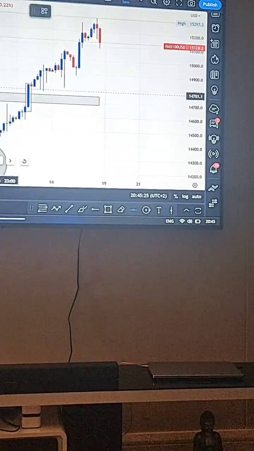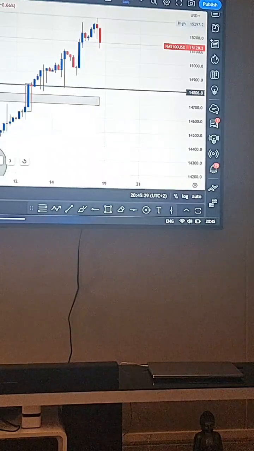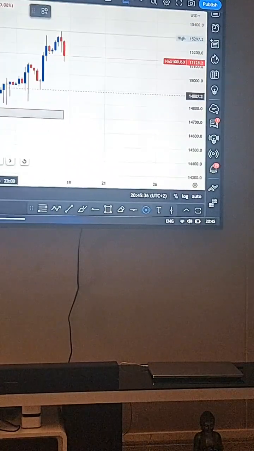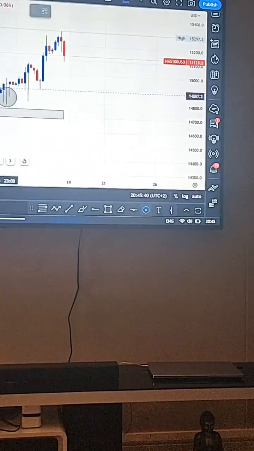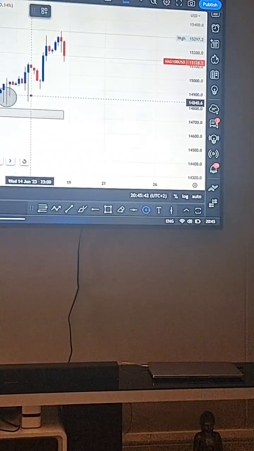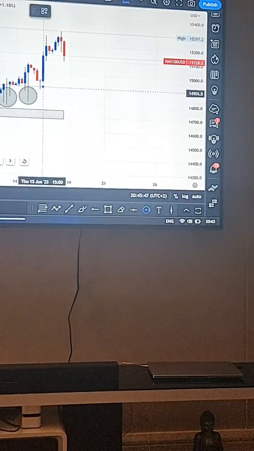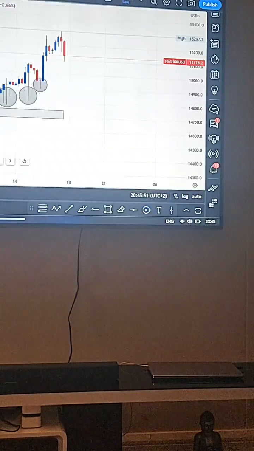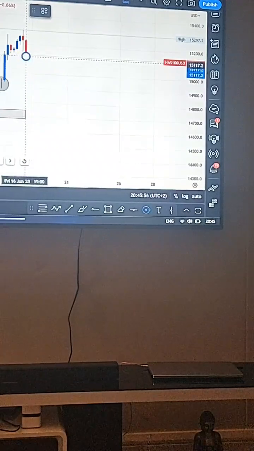Do we get a trap? No, we don't. Because we're not getting traps, this means that they're still going higher. So here we don't get a trap. Here we don't get a trap. And now we're waiting to see if there is a trap over here.